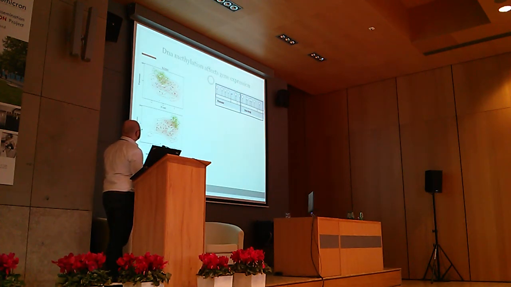And what I'm showing here is the expression on the y-axis, and on the x-axis is the promoter methylation and gene body methylation. And the reason I split it is I will come back to that later, just in a second.